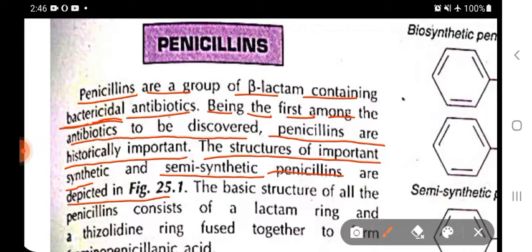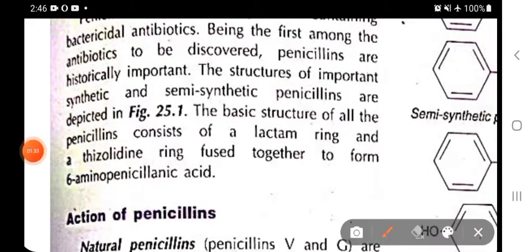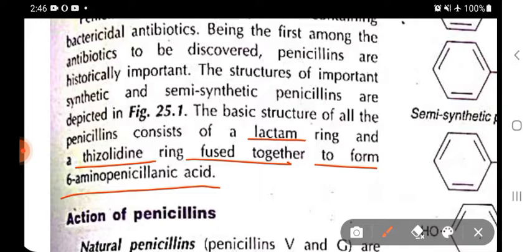But the basic structure of all the penicillins consists of a beta lactam ring. It consists of a lactam ring and a thiazolidine ring. So there is a lactam ring present and a thiazolidine ring which have been fused together to form penicillin, known as 6-amino penicillinic acid or 6-APA, right?